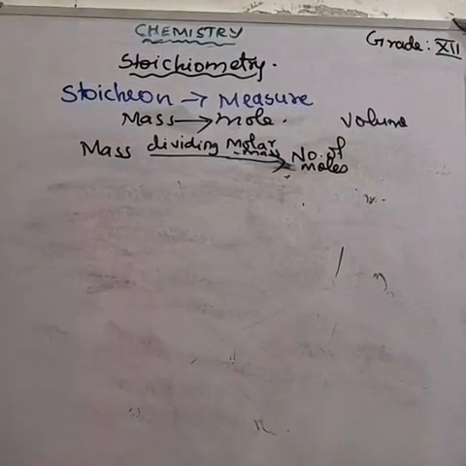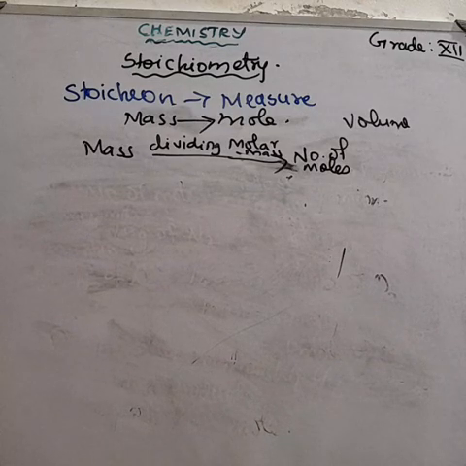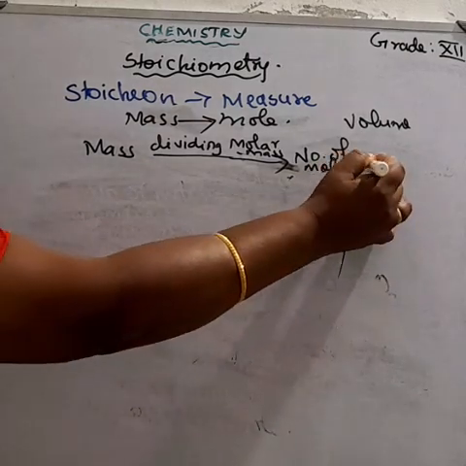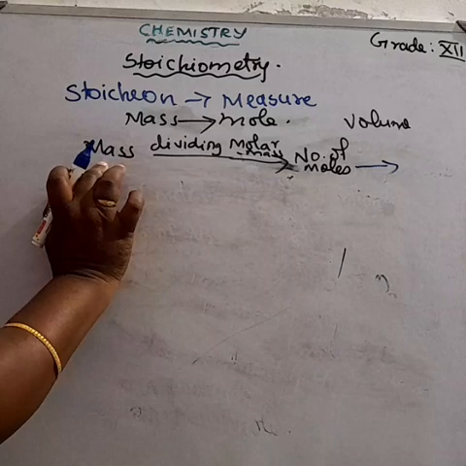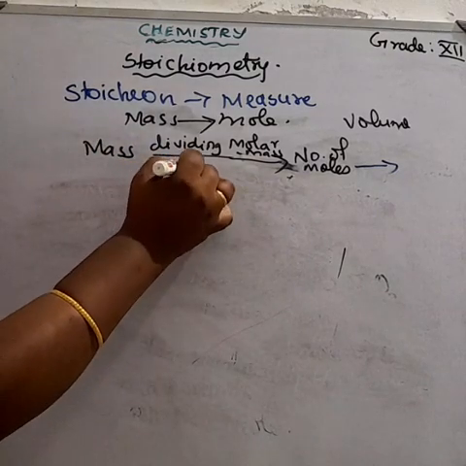Suppose the question asks how you can convert the number of moles into mass. Simply, we multiply it by the molar mass, and we get the mass.